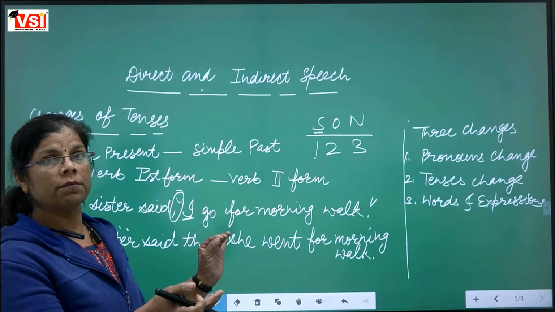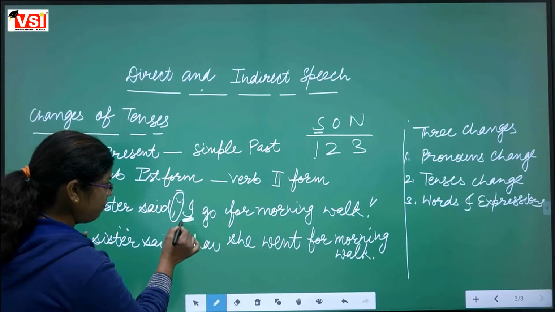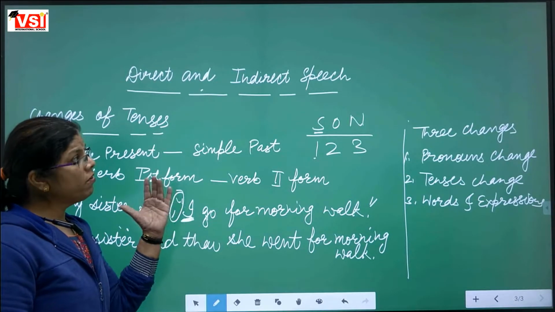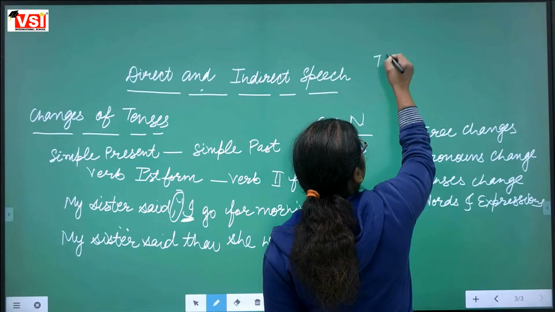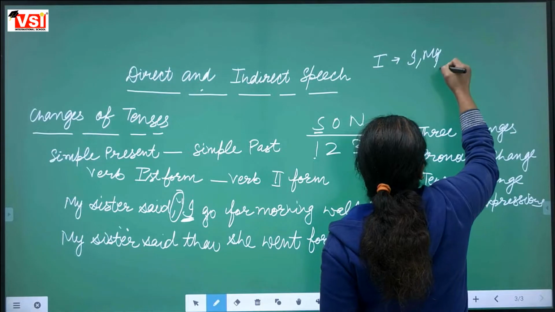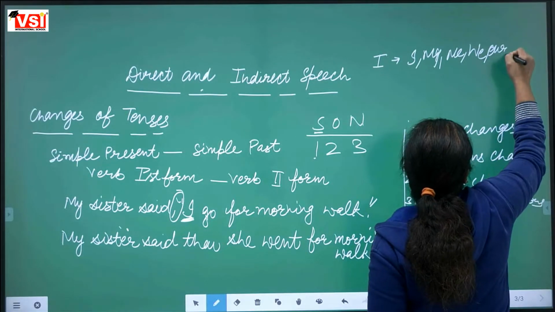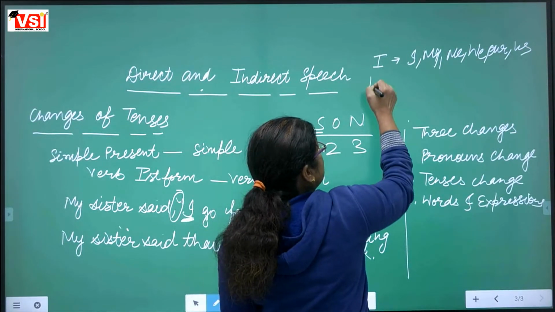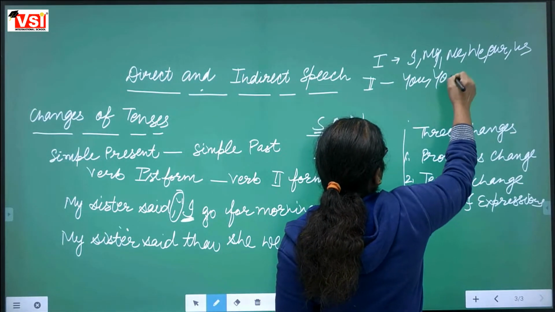So, is it a first person pronoun or not? I. Do you know what first person pronoun is? I, my, we, me, our, us. These all come in first person. Then second person, if you are saying you and your.